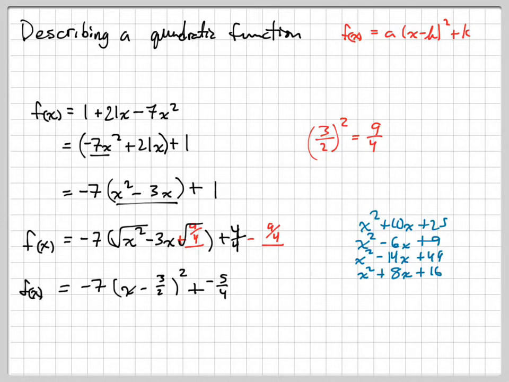Now I can describe this guy. First thing I want to notice is that this 7 is there, and it's negative. Because it's negative, I'm going to say the function is flipped. I'm just going to say it to shorten what I have to write.